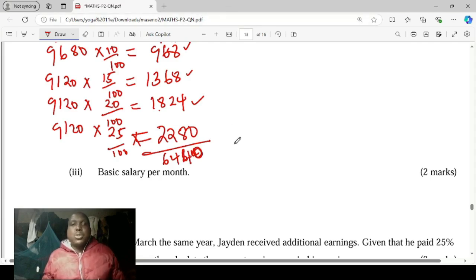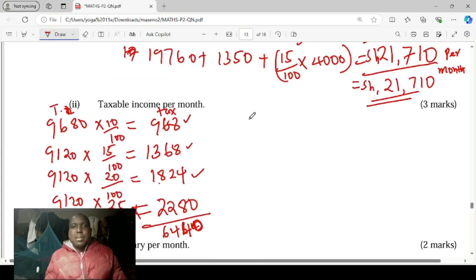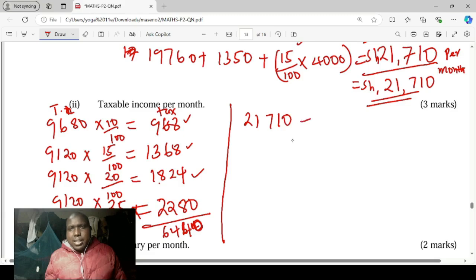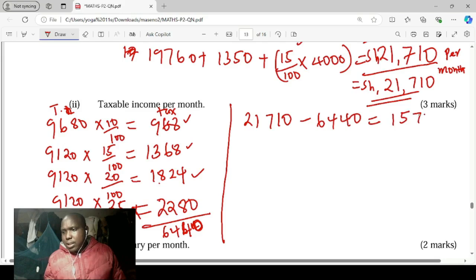Now next is to find what is remaining. Total gross tax ilikuwa 21,710, lakini tumepata ni 6,440. So what is remaining is 15,270.